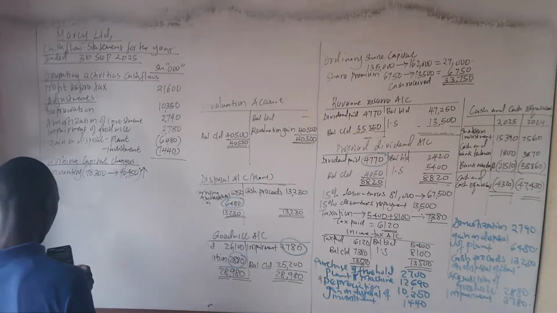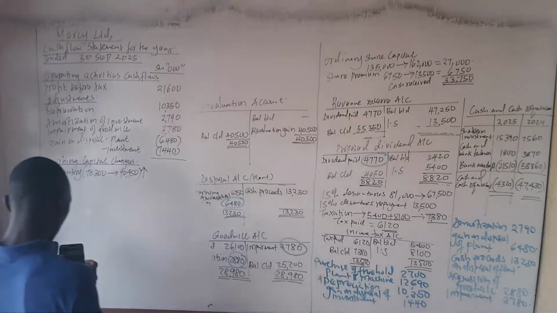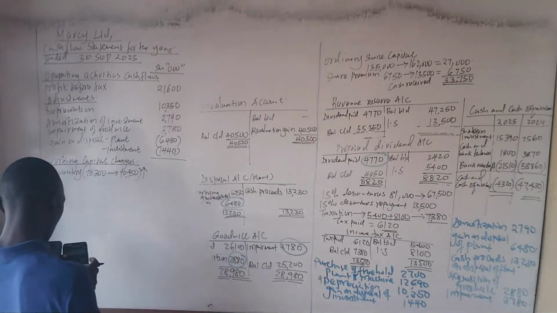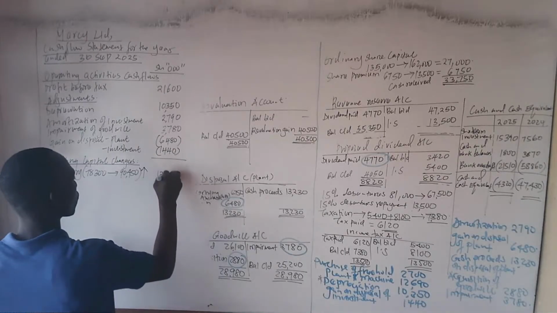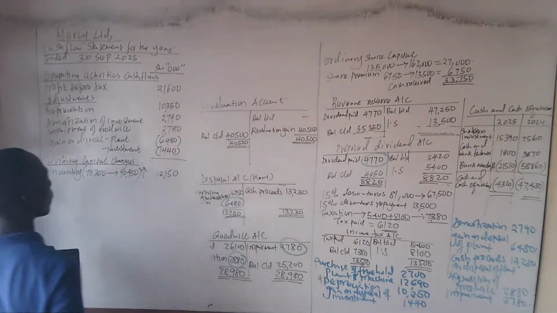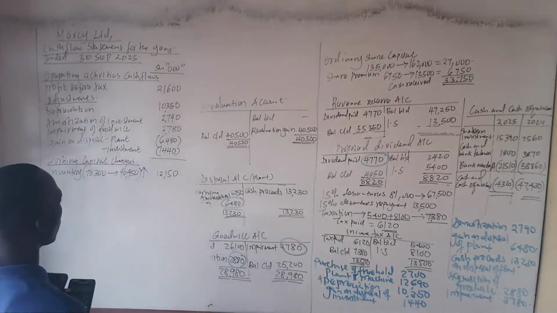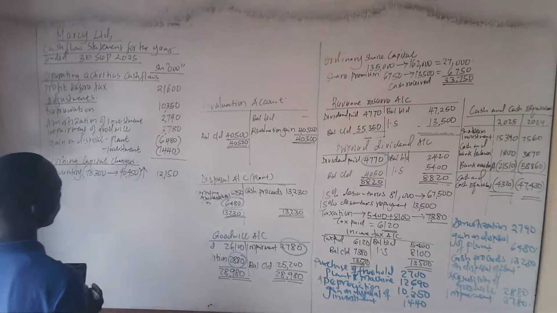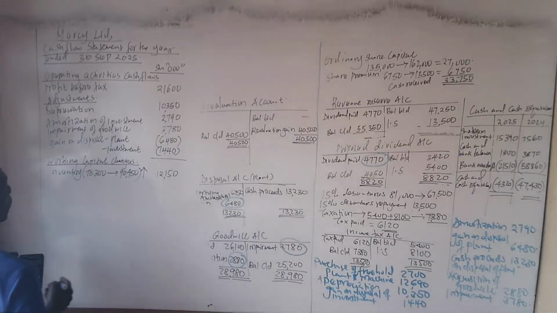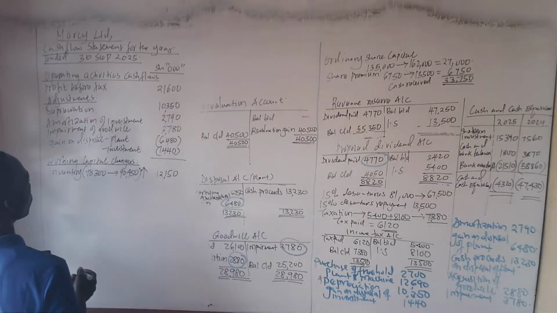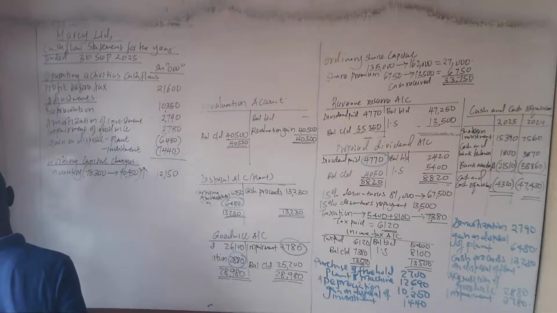So 78,300 minus 90,450, we have acquired more of 12,150. Then from there, where do we go?